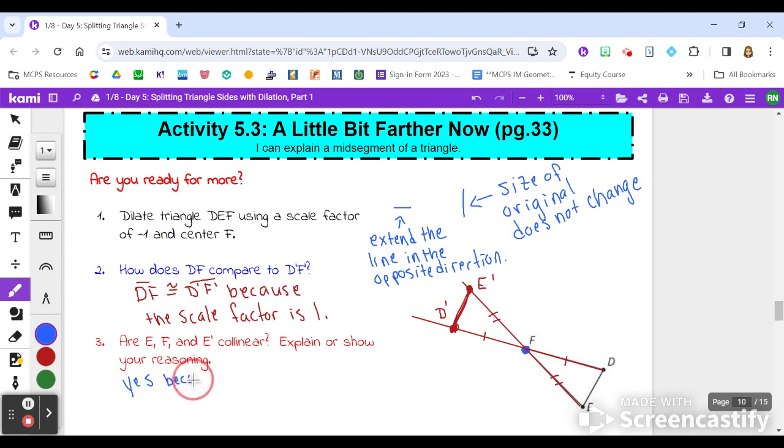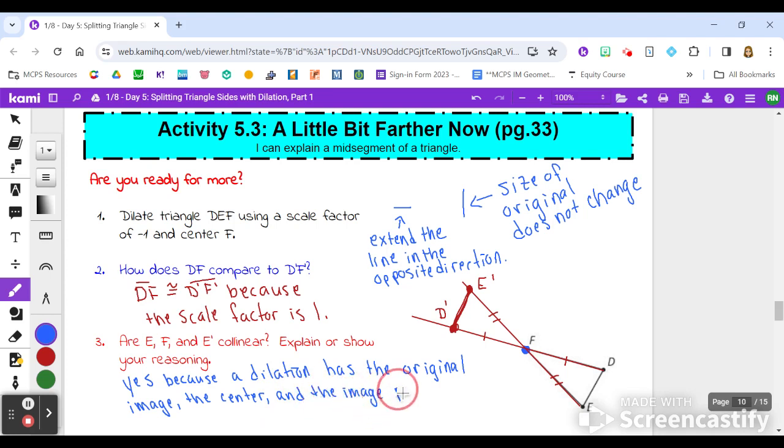Yes, because a dilation has the original image, the center, and the image point connected through a line or on a line.